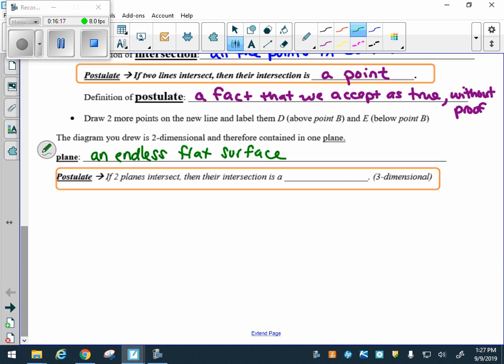And that still would just be a point, though. So let's name the object. This is obviously more than one point, right? This comes together. All of these points, what would we call that? Melanie? A line, yeah. If two planes intersect, then their intersection is a line. Always two planes coming together are going to form a line at their intersection.